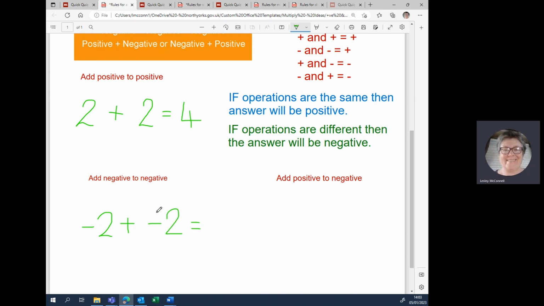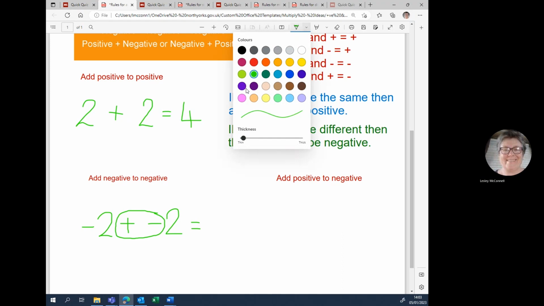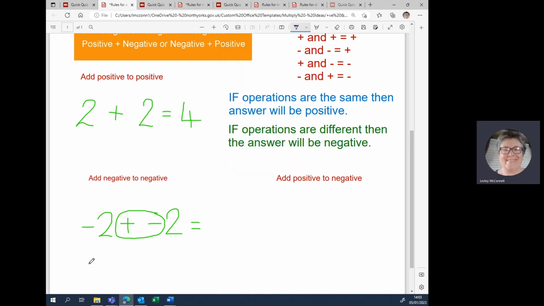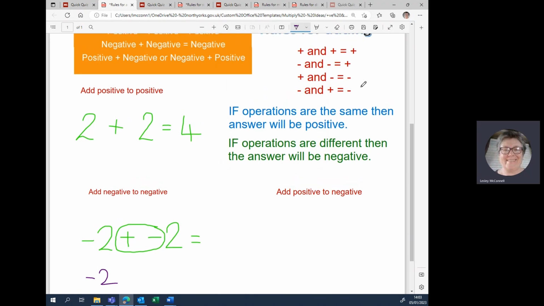Okay, so now we can see we have a positive and a negative together here. So let's translate that. Let's make a -2 and then a plus and a minus. Looking at our little example up here, a plus and a minus gives us a minus answer.